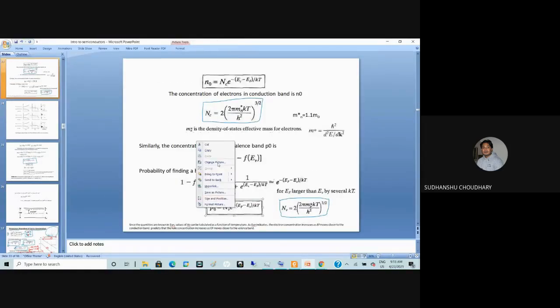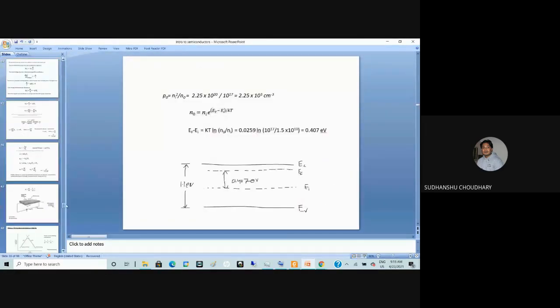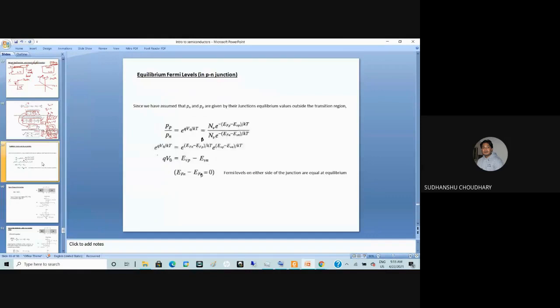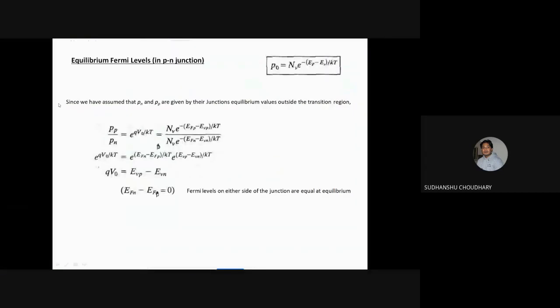So this equation we had seen earlier, and I'll simply copy it to our discussion over here. We had understood how this equation came earlier. That is the hole concentration at equilibrium, given by Nv, the density of states in the valence band, multiplied by e raised to the power minus EF minus EV by KT.